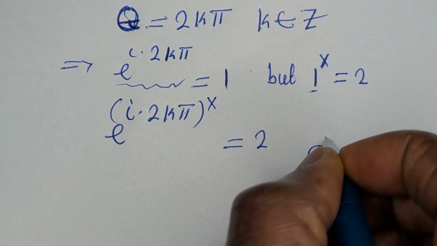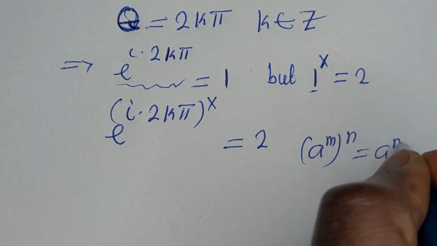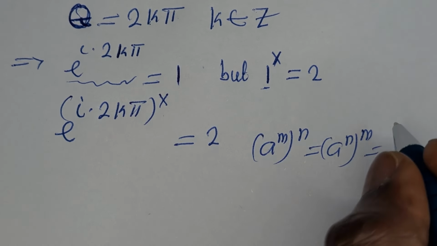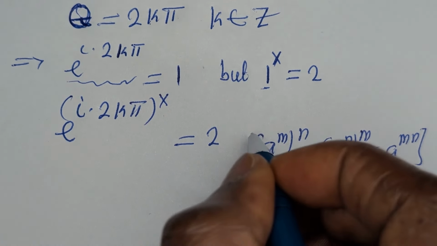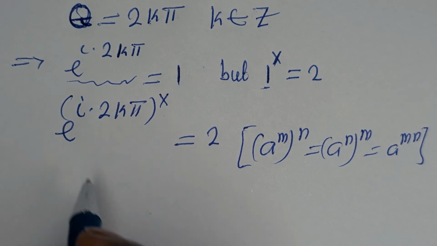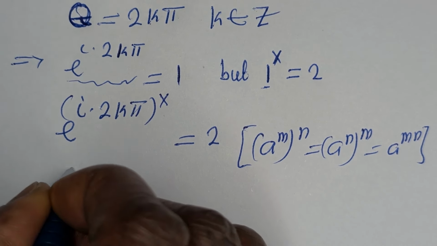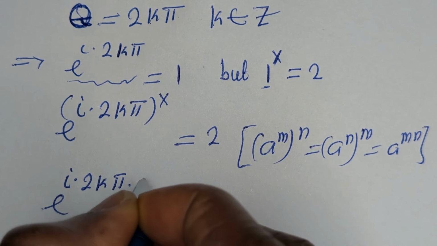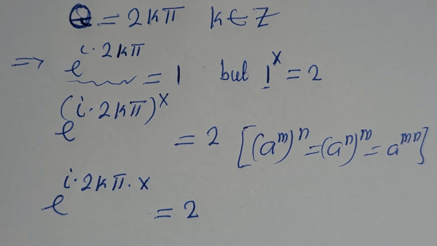And a raised to power m to the power of n is equal to a raised to power n to the power of m, which is equal to a raised to power mn. This can be written as e to the power i multiplied by 2k pi multiplied by s is equal to 2.